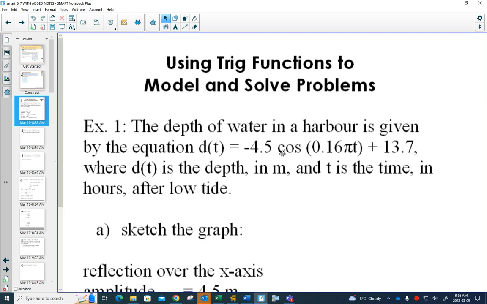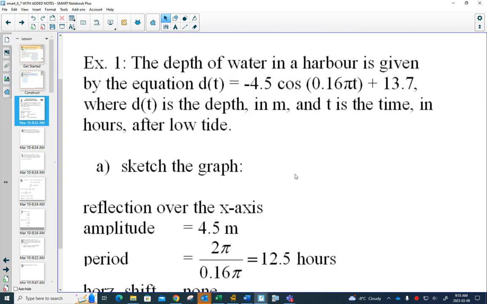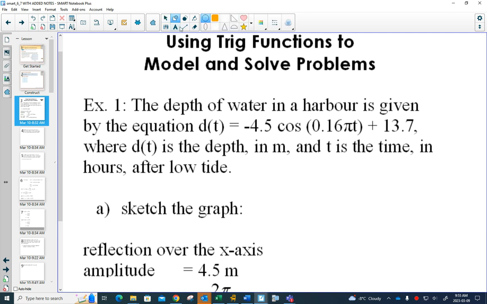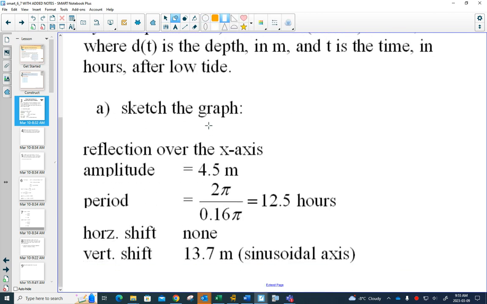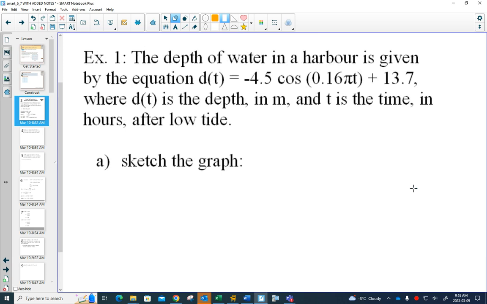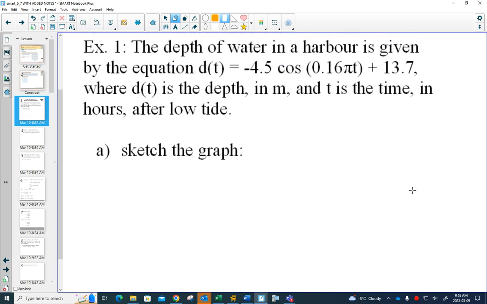So they've given us that equation, and for part A, we're going to sketch the graph. Again, this is a practice of using our DAB-C ability to draw this graph.